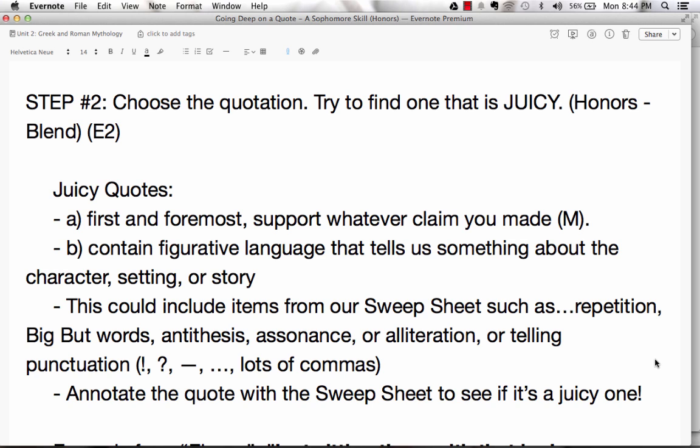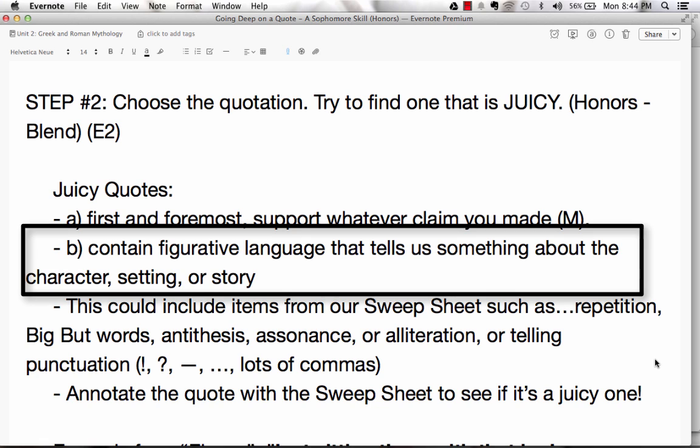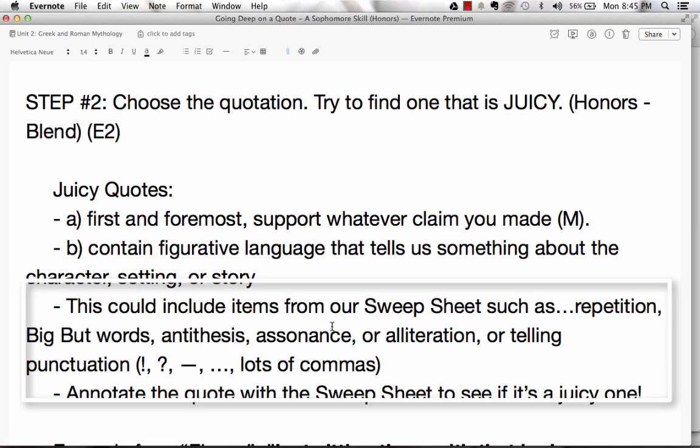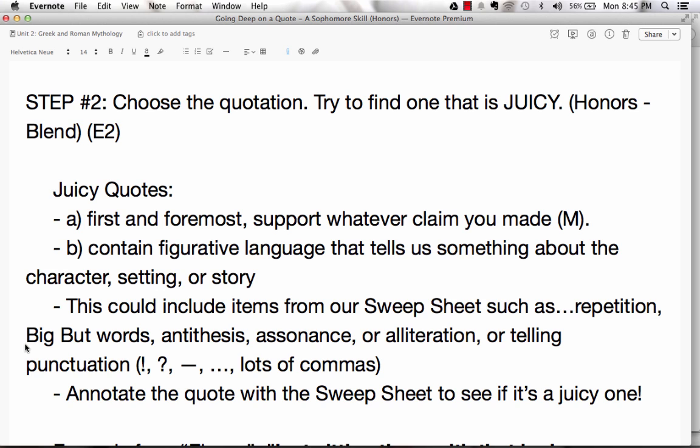So how do we find a juicy piece of evidence? Well, a juicy quote contains figurative language. It contains repetition. I'm looking down here at things from the sweep sheet. Big but words. It contains possibly antithesis or assonance. Remember, that's repeated vowel sounds. Or alliteration. Or any kind of telling punctuation. So exclamation points might tell us something.